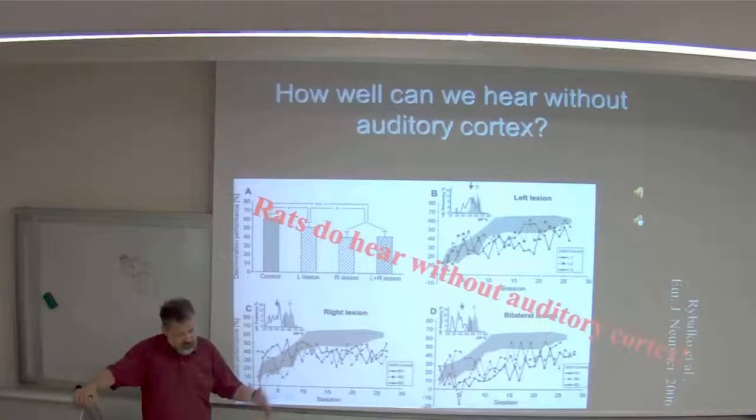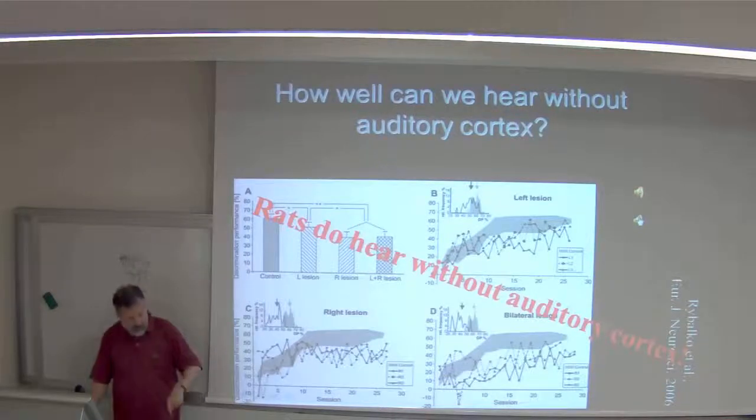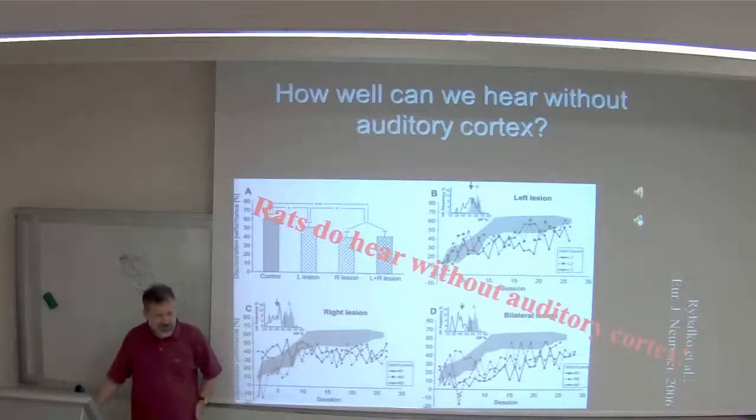There are a number of tasks that become worse, but there's no good identification of the class of tasks that would go wrong when you lesion auditory cortex. Spatial localization, for example, is affected by auditory cortex lesions, but even there the story is not clean. So let's take a break, and then I will tell you why we do need auditory cortex.